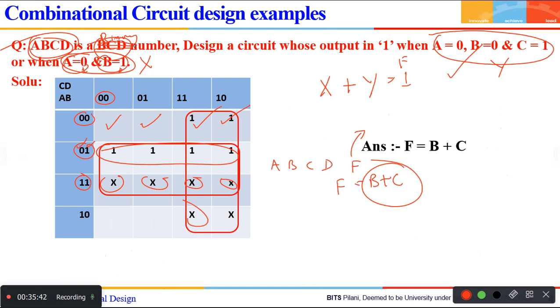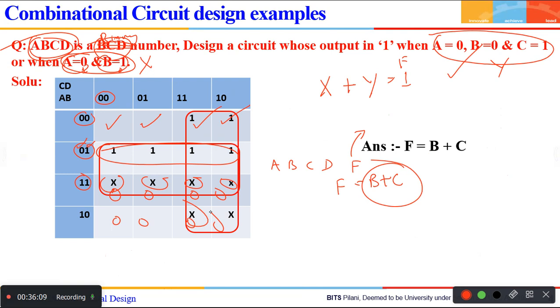If the condition is satisfied, output will not be 0. Now check for above 9, are you going to satisfy that A is equal to 0, B is equal to 0 and C is equal to 1, or A is equal to 0, B equal to 1? No, right? Nowhere it is going to satisfy. So all these are going to be now 0, 0, 0, 0, 0, 0, 0, 0.